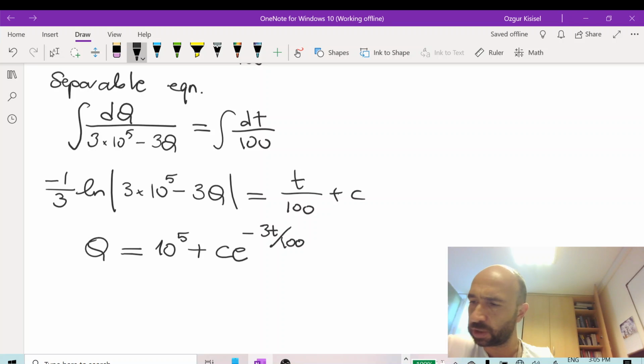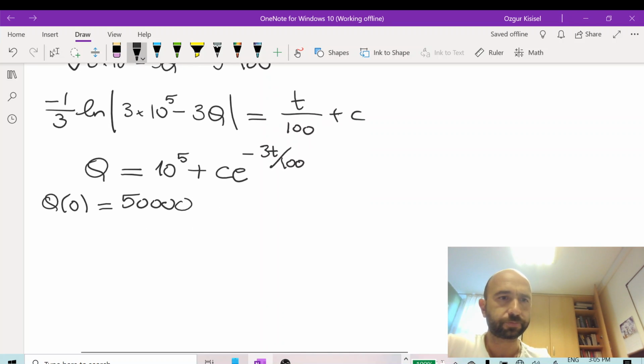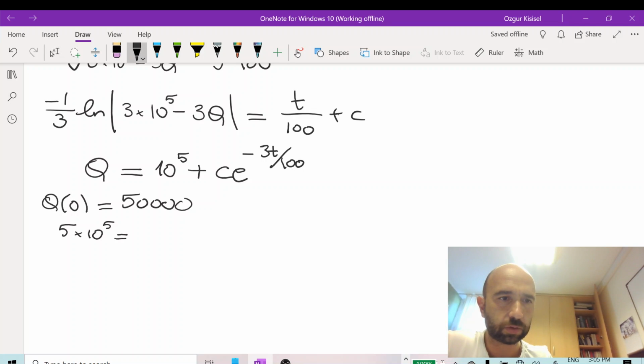And what was Q0? Q0 was 50 kilograms, so 50,000 grams. And if you plug this value in, you'll be able to find C: 5 times 10 to the 5 equals 10 to the 5 plus C e to the 0, which is 1.